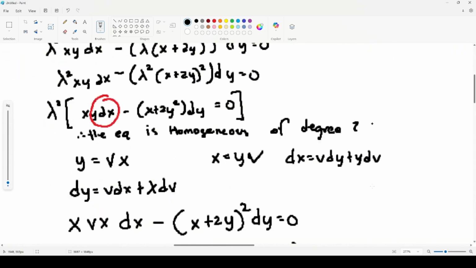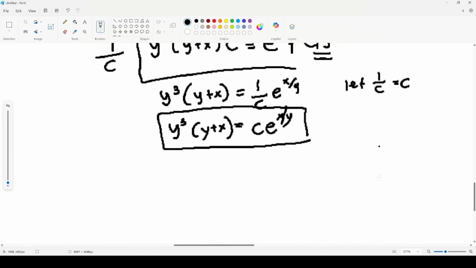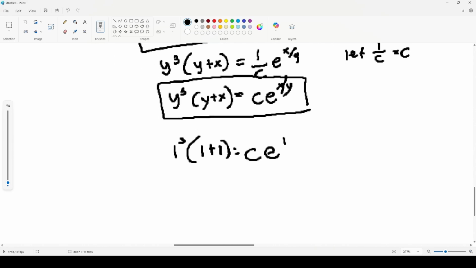There we go. So what you're going to do is substitute the values. So 1 cubed, 1 plus 1 is equal to C e raised to 1 divided by 1. So that will become 2 is equal to C e raised to 1, or e.